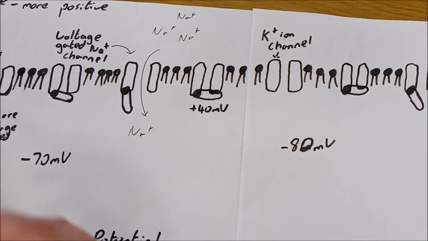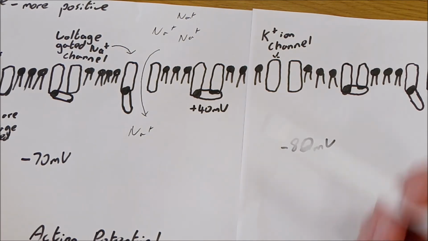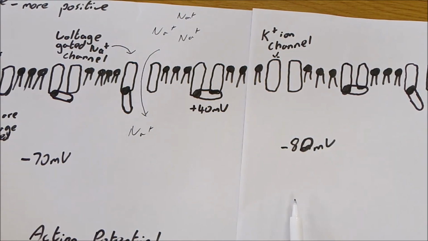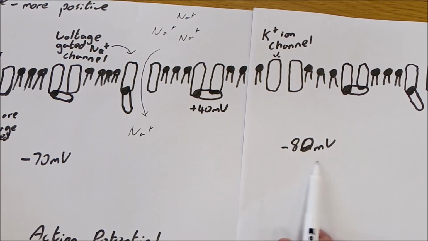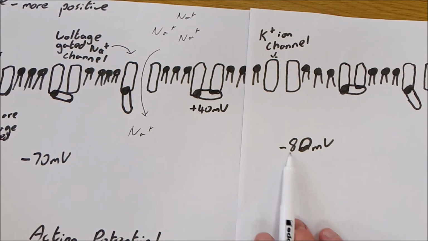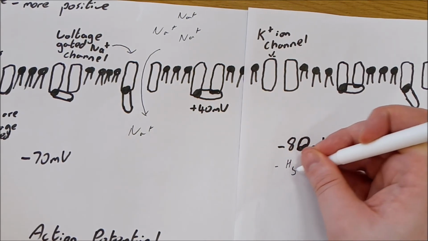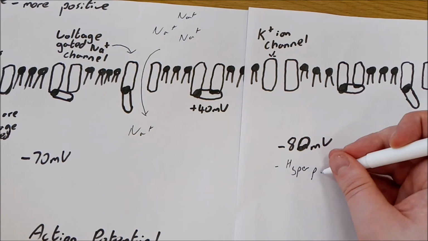Same as before, we're not going to go back to it, but your sodium potassium ion pump will pump the sodium back out, and it will take it back down to minus 80 millivolts. That minus 80 millivolts is called hyperpolarization.